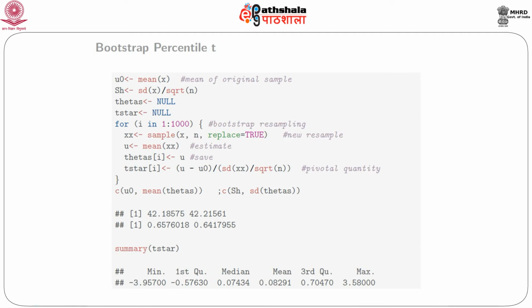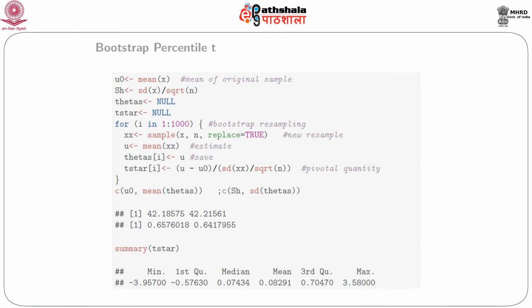So, we define the standard error and then thetas, but also define T star which stores the pivotal quantity, and in context to the mean it is the bootstrap estimate minus the true mean divided by the standard error of the bootstrap estimate, which is SD of the bootstrap estimate divided by square root of n. So, for each of the bootstrap samples, we calculate the mean and we calculate the pivotal quantity.